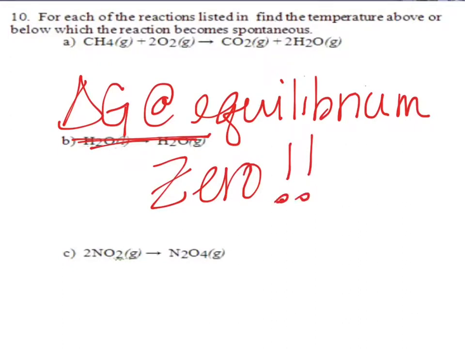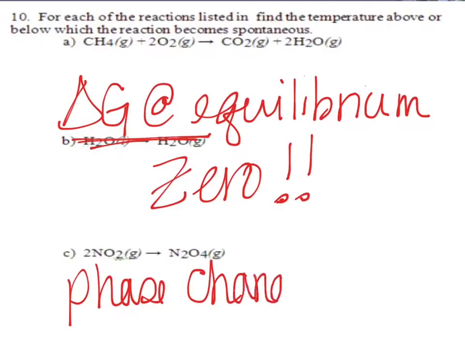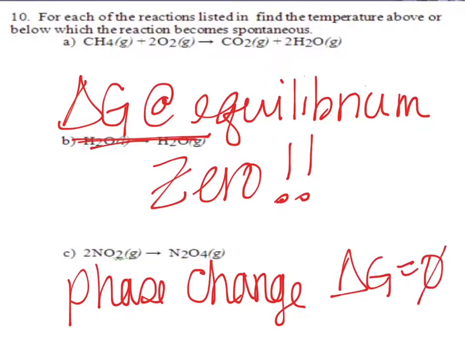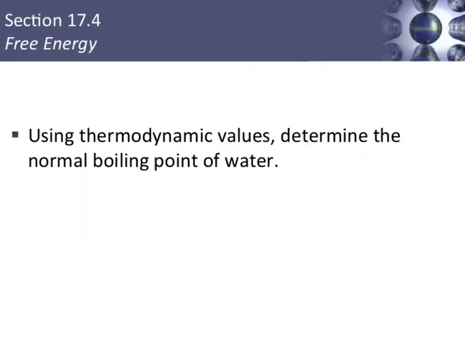And anytime you have a phase change, your delta G is 0. So those are some notes to help you when you do your homework tonight. And we're going to do the last problem. You just cross out the problem.